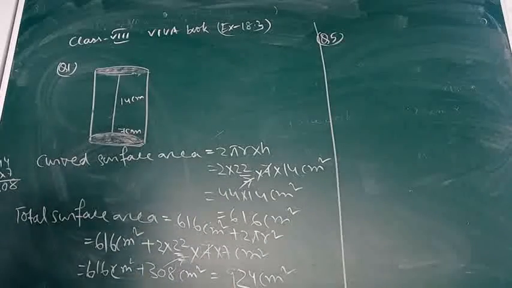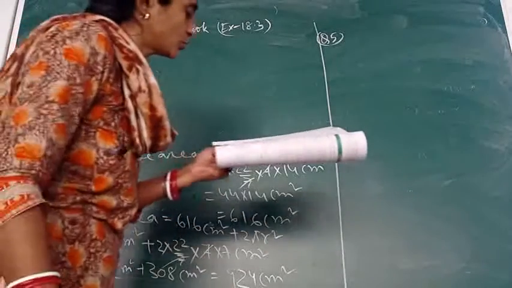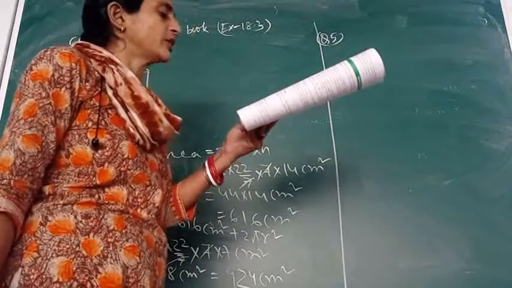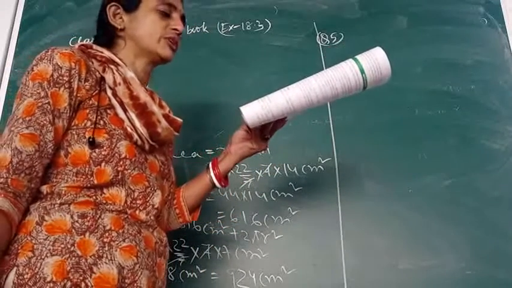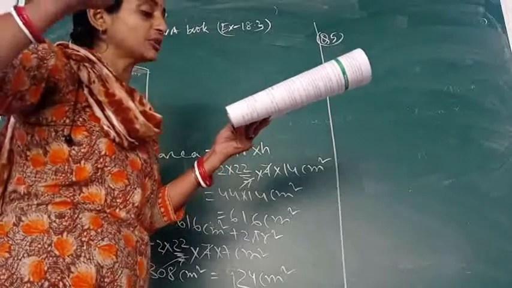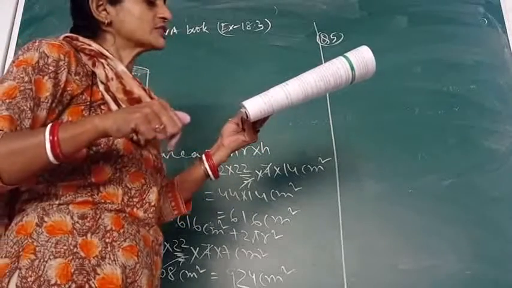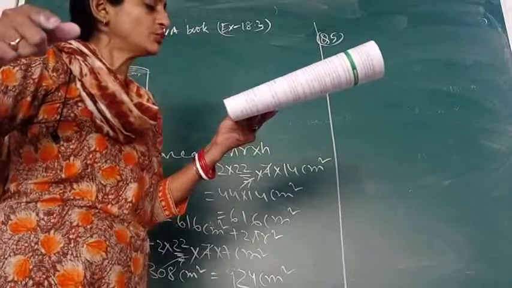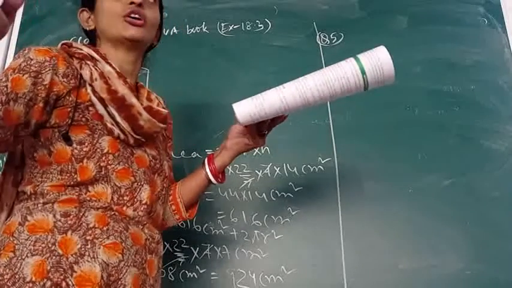The next question I have taken here from the same exercise, that is question number 5. It cost rupees 2200 to paint the inner curved surface of the cylindrical vessel, which is 10 meter deep. If it is painted at the rate of rupees 20 per square meter, then you find out the inner curved surface area of the vessels.